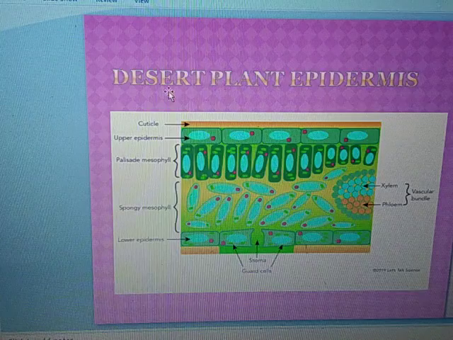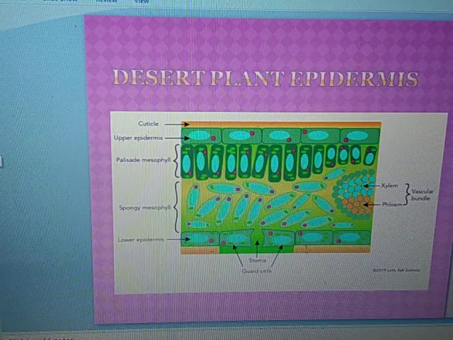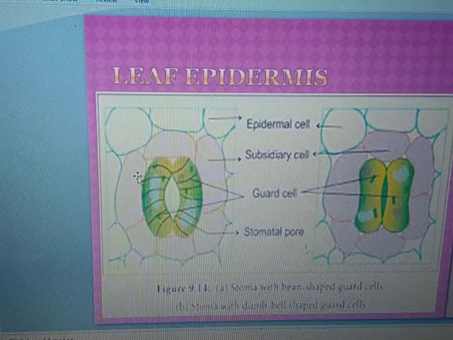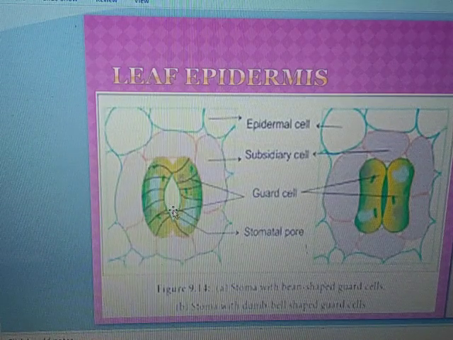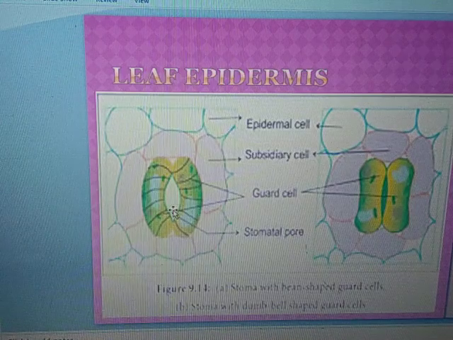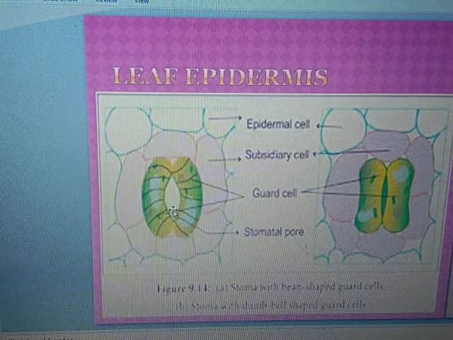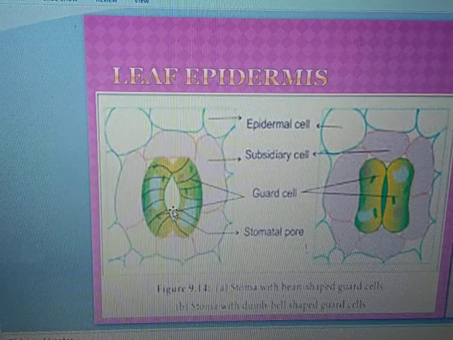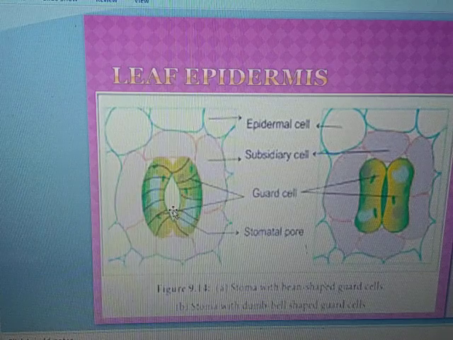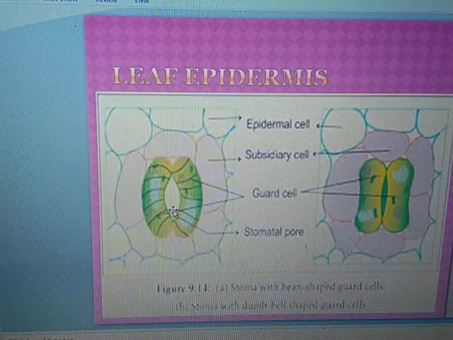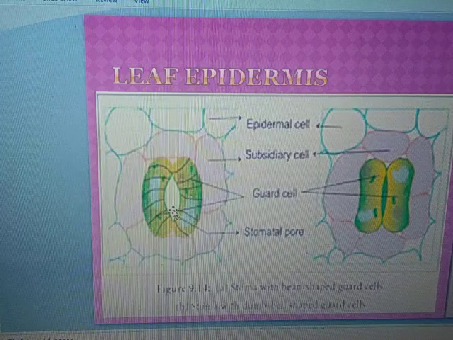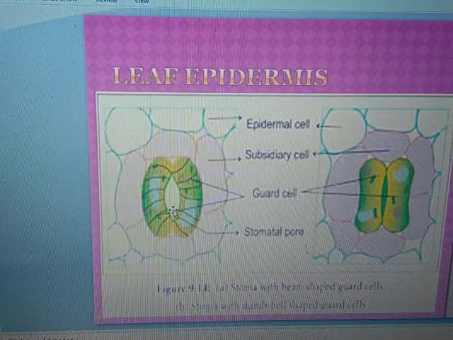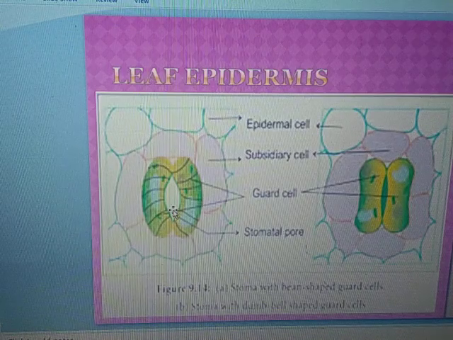We know that pores are present on the leaf surface, and they are responsible for the exchange of gases. They also help in the process of transpiration. What is transpiration? Transpiration is the process of loss of water from the surface of the leaf through stomata in the form of vapor.